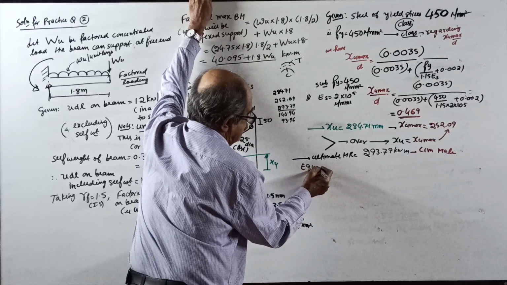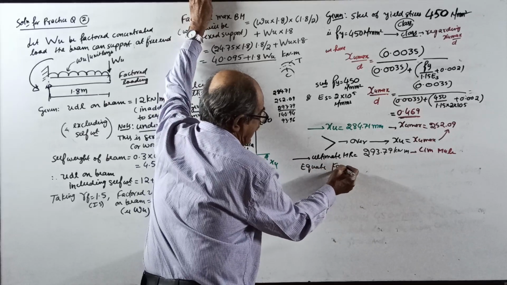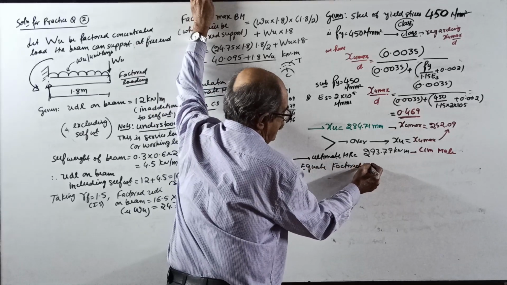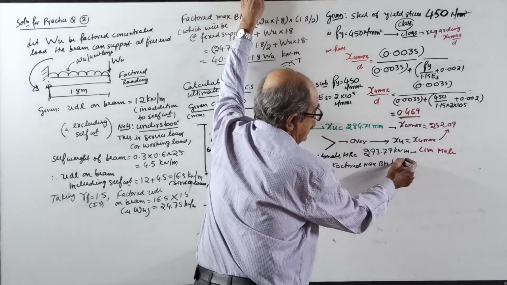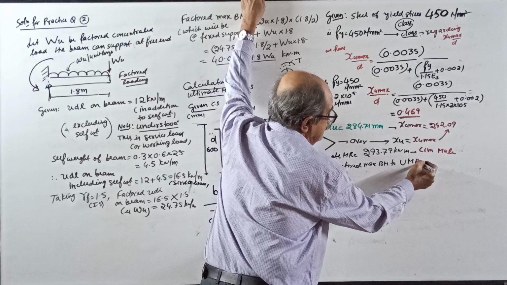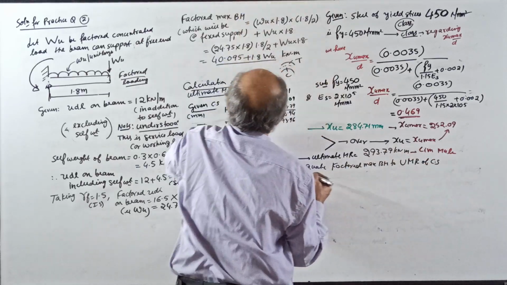Now, equate the factored maximum BM to the ultimate MR of the cross section. Where is the factored maximum BM?